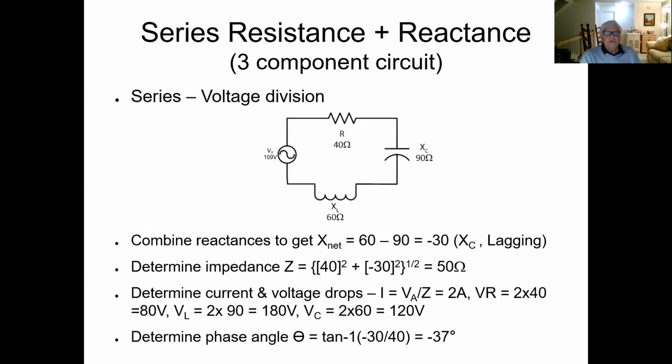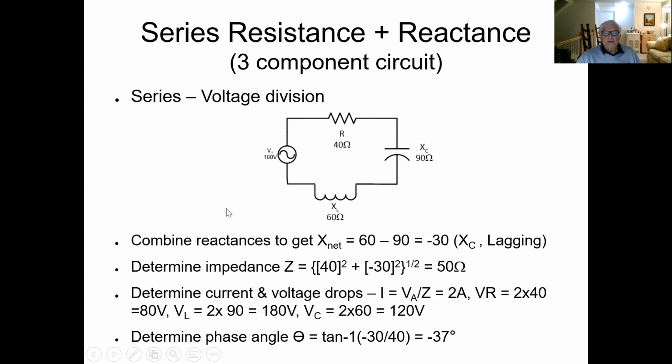So we've got series resistance and reactance. Supposing we had three components, okay, with 100 volts AC applied to a series circuit that has a 40 ohm resistor, a 90 ohm capacitor, and a 60 ohm inductance. So we combine the reactances to get a net of 60 minus 90, giving us minus 30, okay?